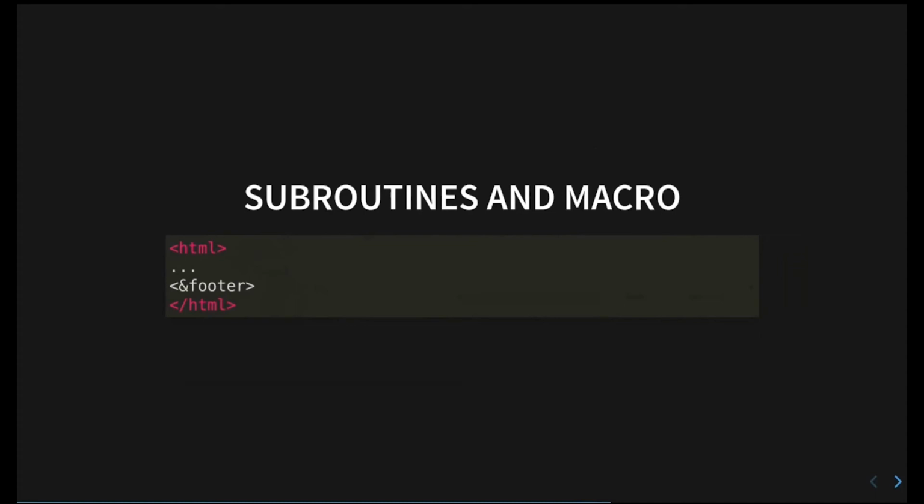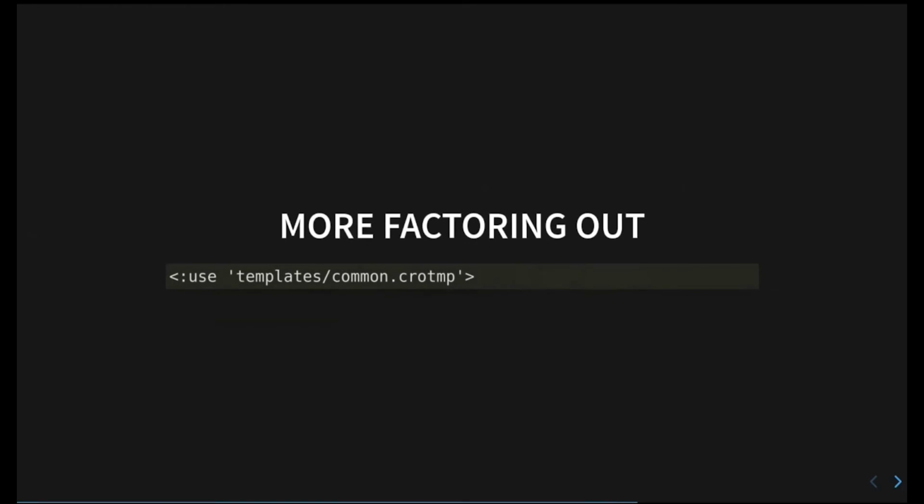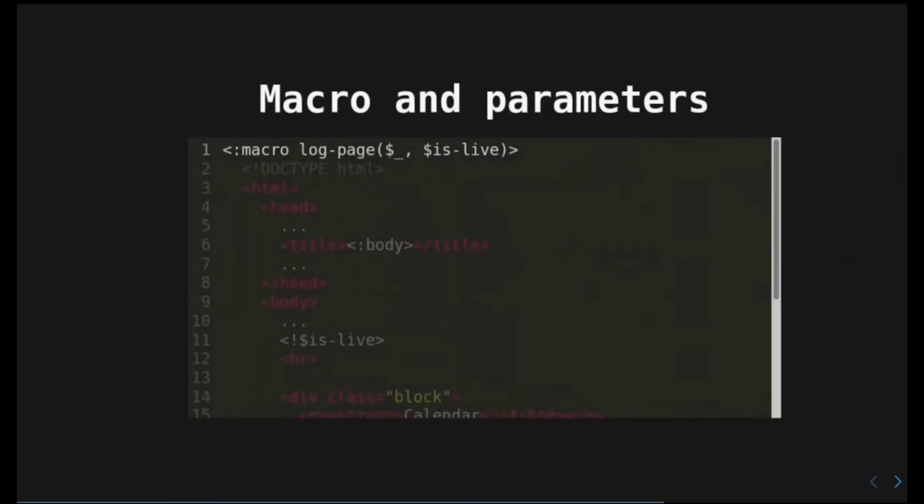For this, we actually can include or just use a template from certain paths using the appropriate construct shown on the slide. This path is also relative to the current working directory, and the template location routine also affects it. Let's look at some macro now.